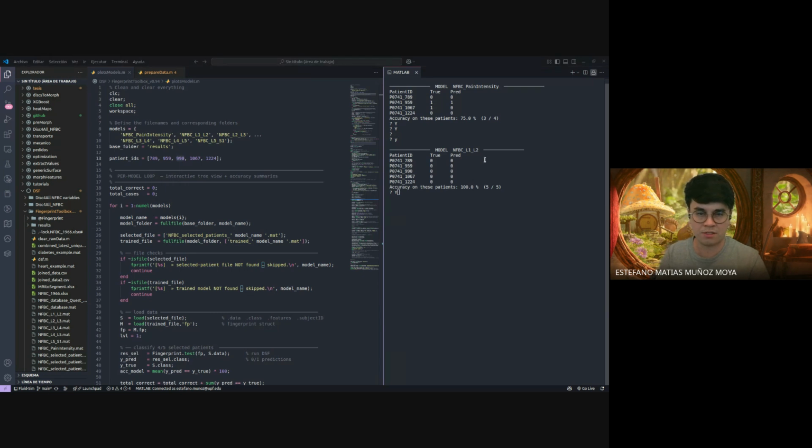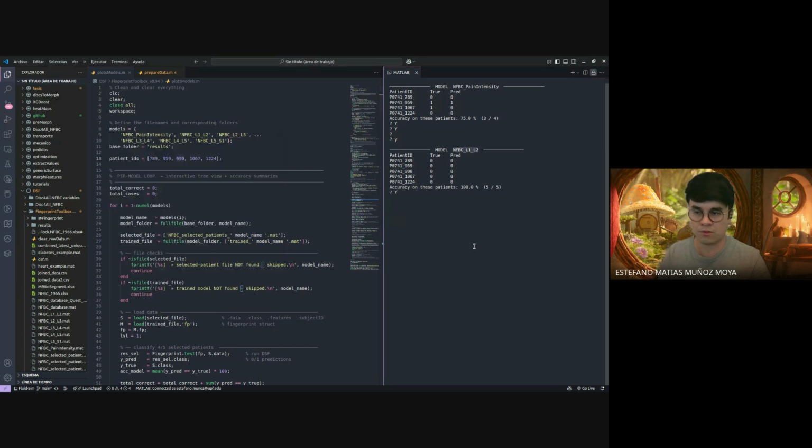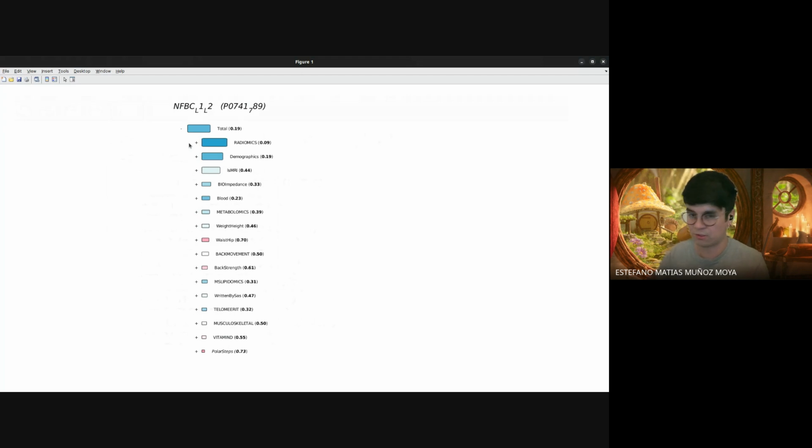Now we can continue with the next model. This is for degeneration, and now all the variables totally change. The most important were the outputs that we obtained from Terence McSweeney's tool. He's also another PhD student for the consortium.